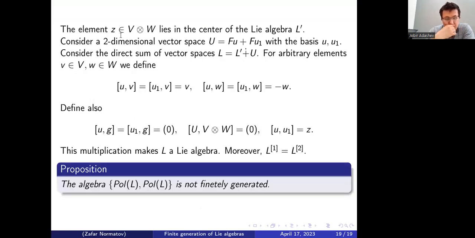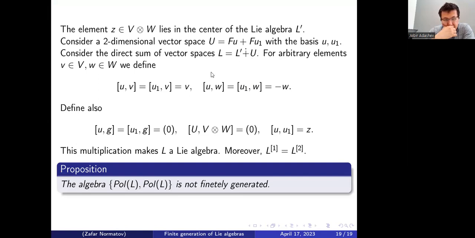So the element Z lies in the center of the Lie algebra L prime, and they are looking at another two-dimensional vector space Fu1 with basis u1, u2, and considering this direct sum of the vector spaces.